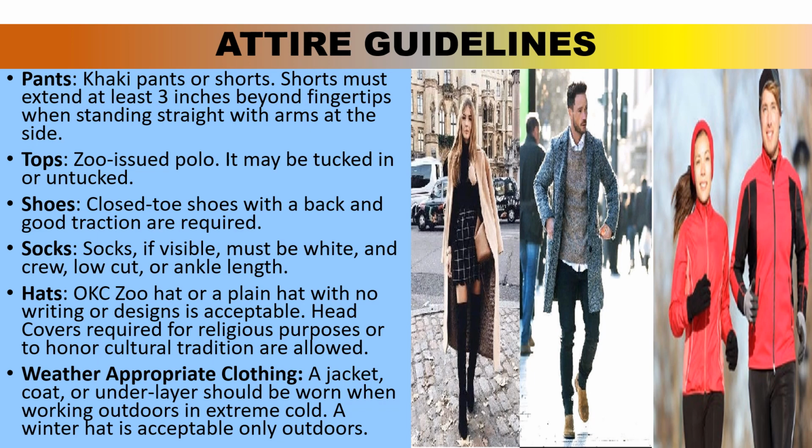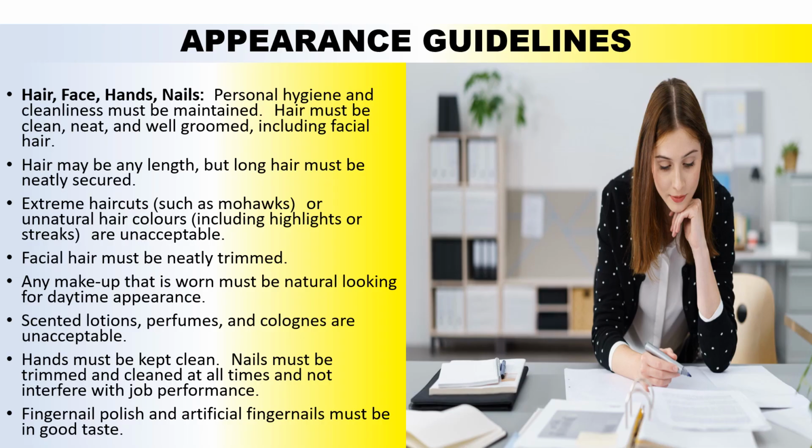Hats: an OKC Zoo hat or a plain hat with no writing or designers is acceptable. Head covers required for religious purposes or to honor cultural tradition are allowed. Weather appropriate clothing: a jacket, coat, or underlayers should be worn when working outdoors in extreme cold. A winter hat is acceptable only outdoors.